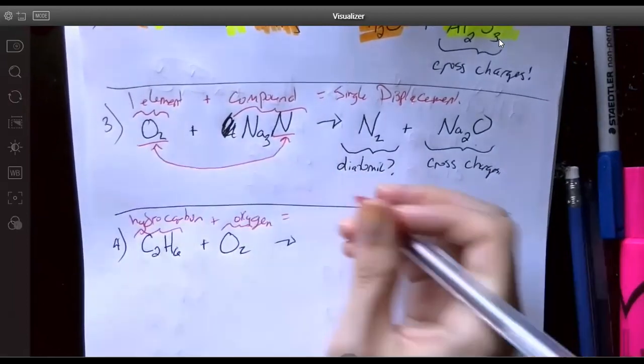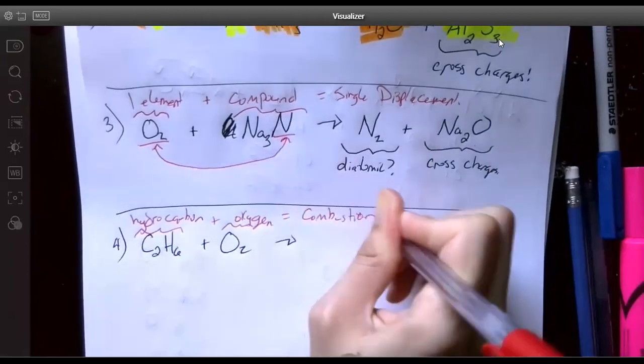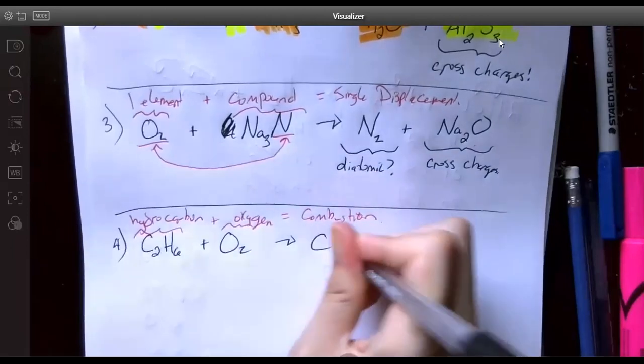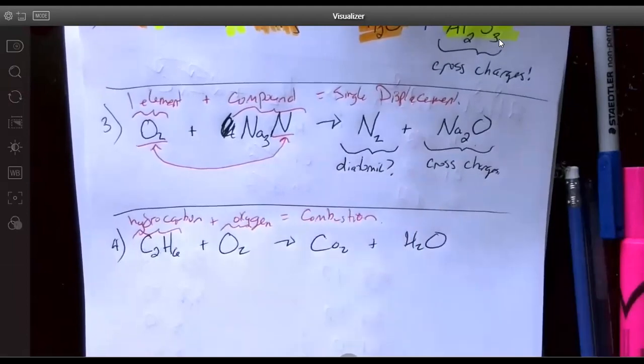That tells me right away this is a hydrocarbon combustion reaction. And hydrocarbon combustion reactions are very easy to predict the products because the products are always the same. You always make carbon dioxide and water every time.